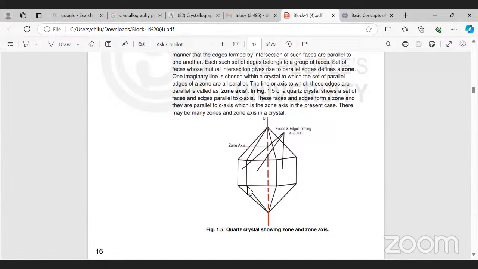This is an edge, and all the edges are connecting here, and here also you can see. Through this line, through these edges or through this solid angle, the axis will be passing. That is known as a zone axis.